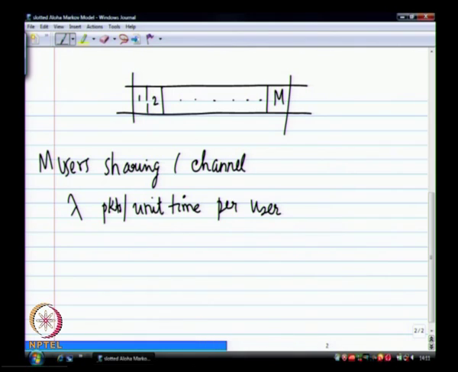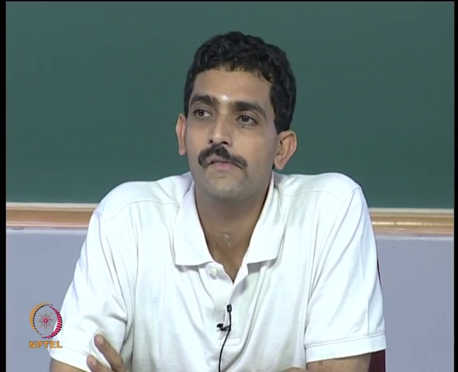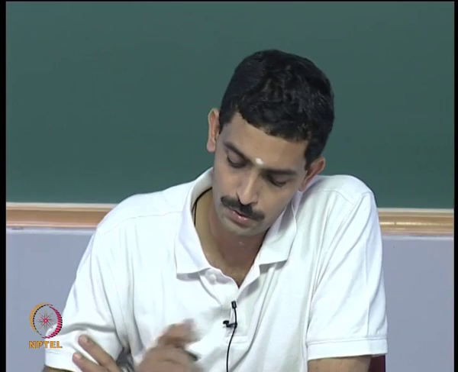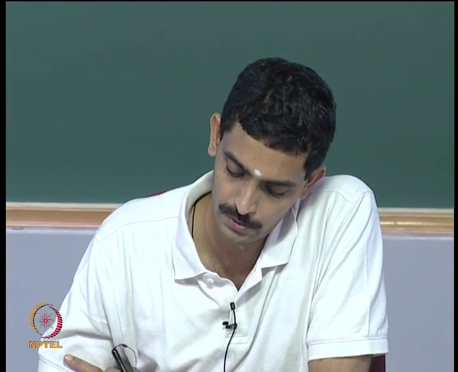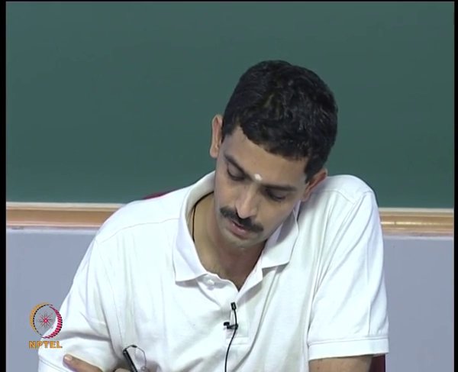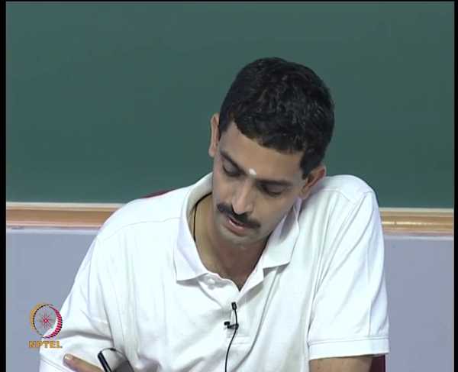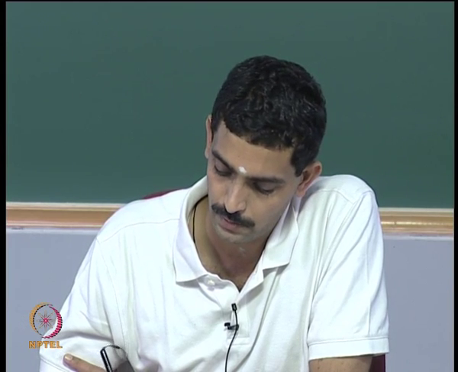So now if you want to model this as a Markov, not exactly Markov, it will be semi Markov, but let us try to model this and then we will see what the definition works out. So let us try to figure out the states of this model. Again this is looking at each user's queue, right. So I am looking at the user queue to which packets are coming at rate lambda, and there are several such queues.